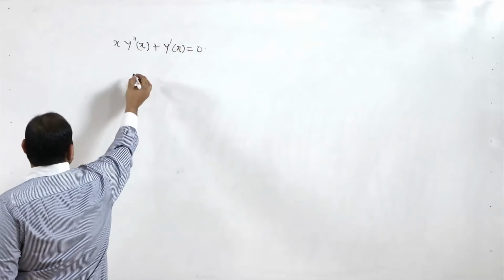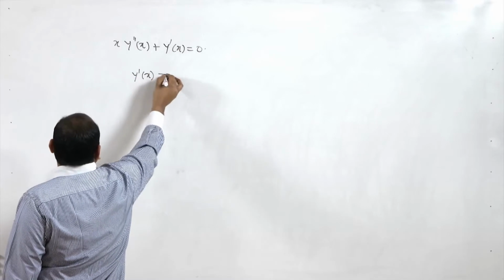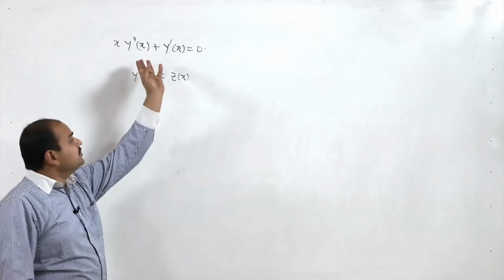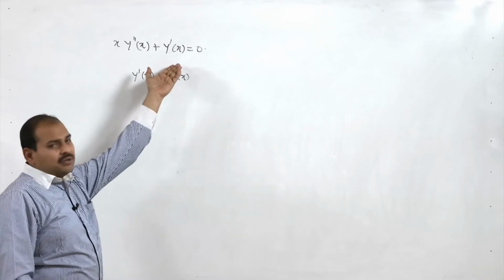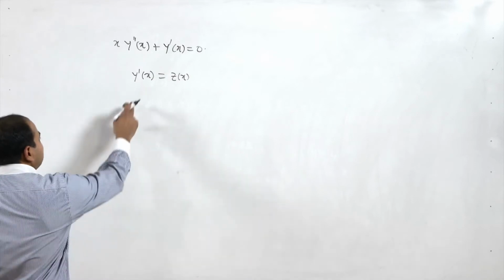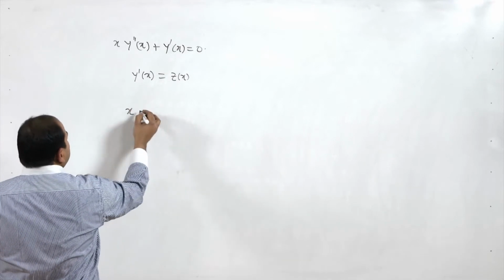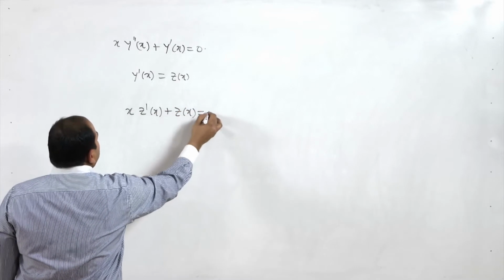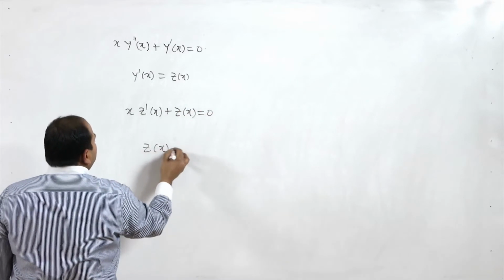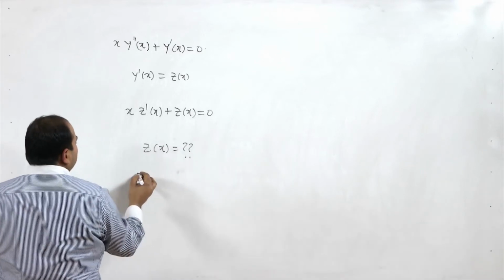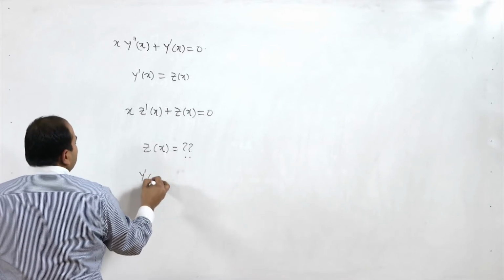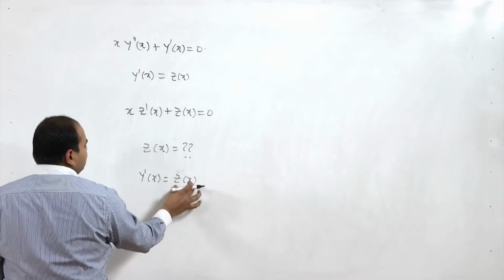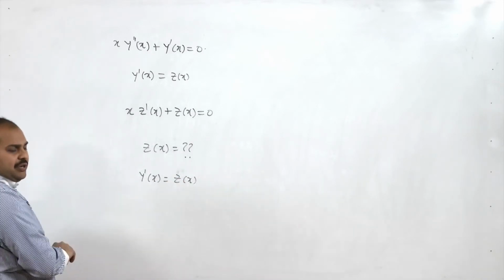What we do here is take y dash(x) equal to z(x), or you can simply say that it is a Cauchy-Euler equation in terms of y dash(x). If we assume this, then x z dash(x) plus z(x) is equal to 0. So you can find z(x), and once we have z(x), you can find y dash(x), and then you can find y(x).